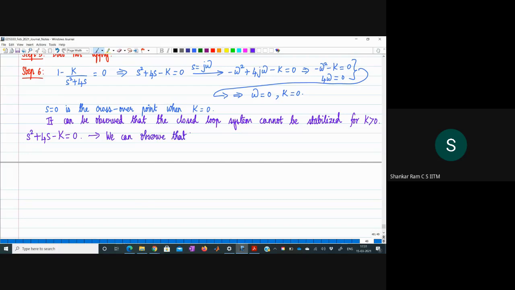Because if you apply the Routh criterion for polynomials up to order 2, all coefficients must be non-zero and of the same sign. So we can immediately observe that the closed loop system would be stable for k less than 0. So that is the consequence.